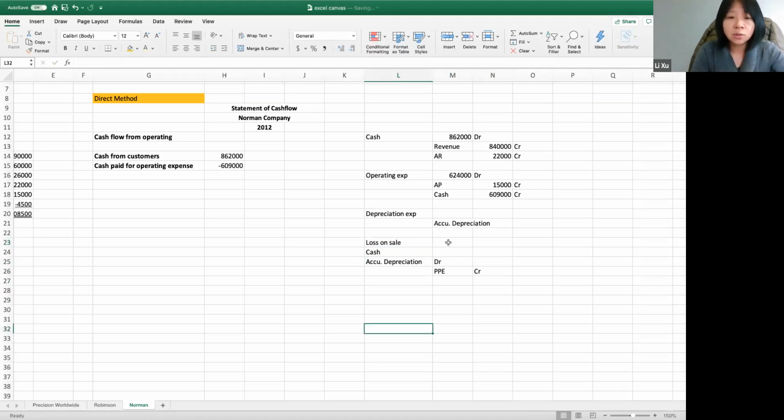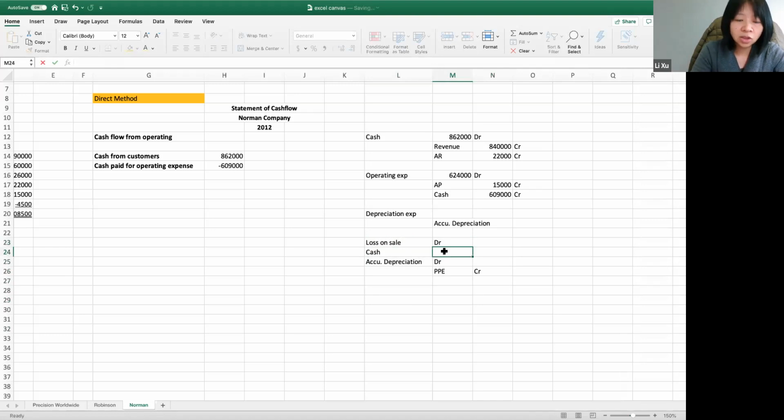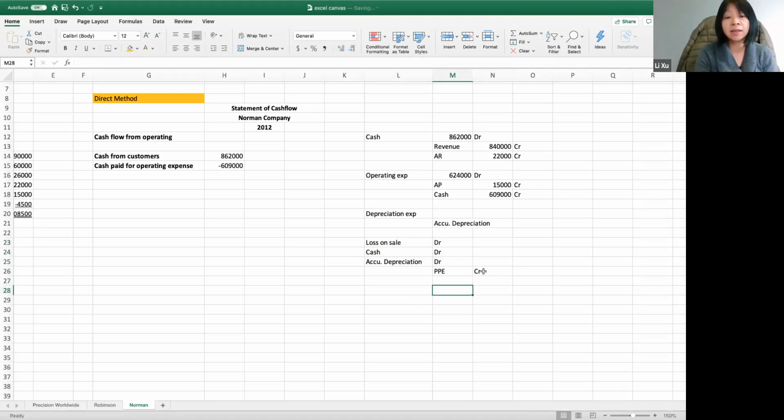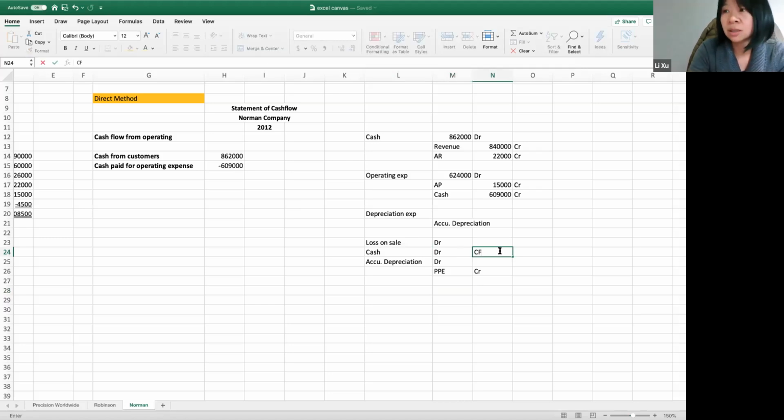This is the journal entry you will have when you sell PP&E at a loss. And the common mistake is that students take this cash and put it there, but this is not where it should go. This goes to CFI, the cash flow from investing, because this is investing.